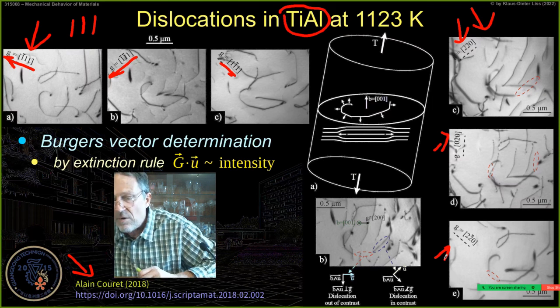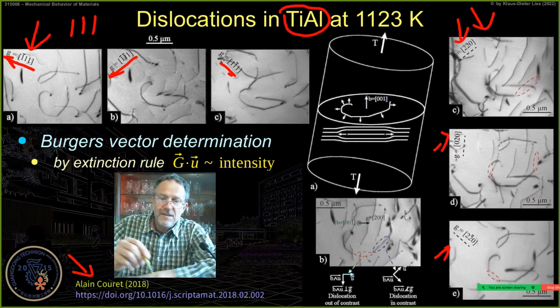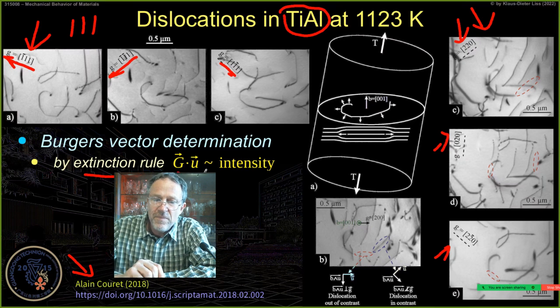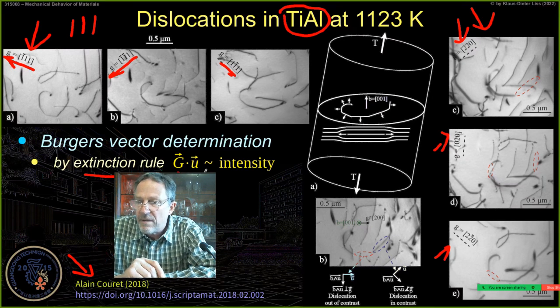So we only want to look at the extinction if G dot U becomes 0. Then we don't see the contrast.